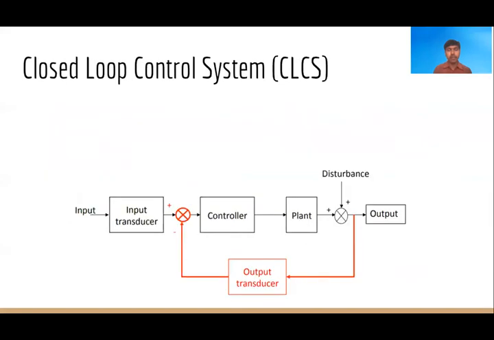To overcome the disadvantages in the open loop control system, let us know what the closed loop control system is, which overcomes the disadvantages of the open loop system. And it doesn't mean that the closed loop system is always better than the open loop system.